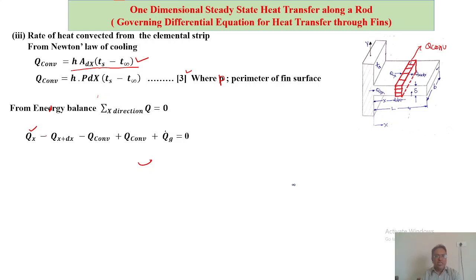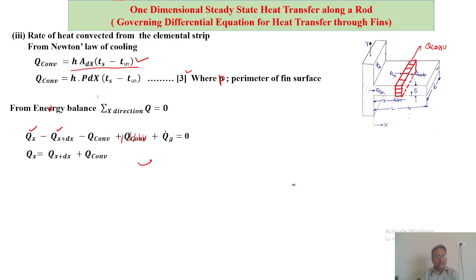It is entering the elemental stripe, so I will take it as positive. Heat leaving the elemental stripe in the x plus dx direction is leaving, so I will consider its sign as negative. Similarly, heat is also being convected out of this elemental stripe. It is leaving, so I am considering its sign as negative. And finally, there can be heat generation, and the summation of all these heat transfers will be 0.